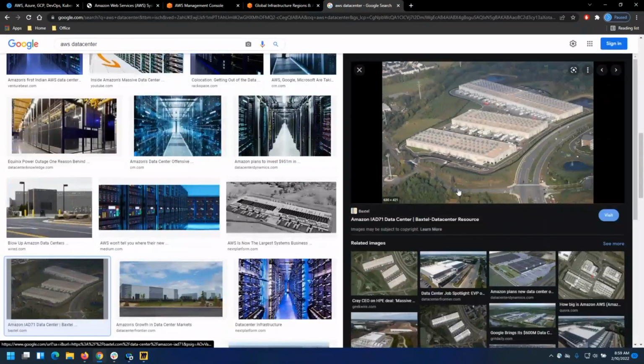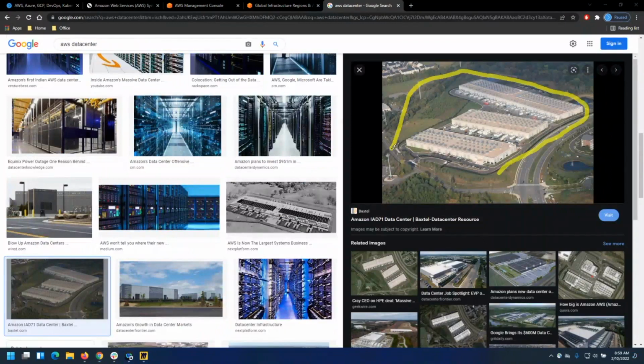For our reference, if I rotate this, consider this whole thing as AWS US East 1, which is one of the regions, and consider these as 1A, 1B, 1C, 1D, 1E, 1F. Getting my point?